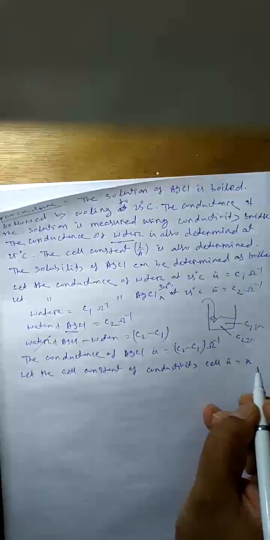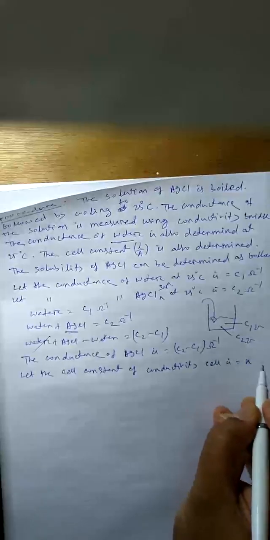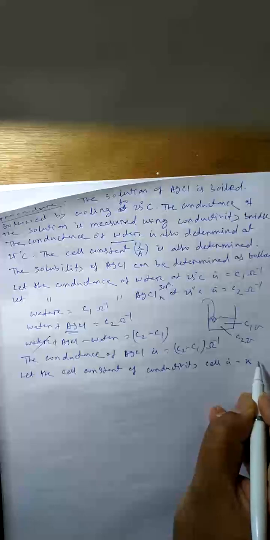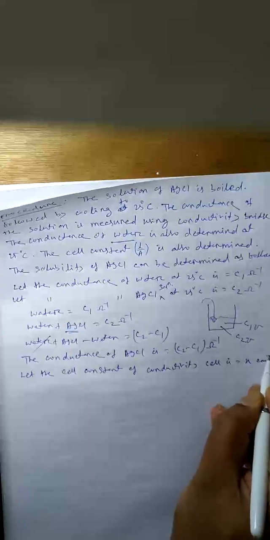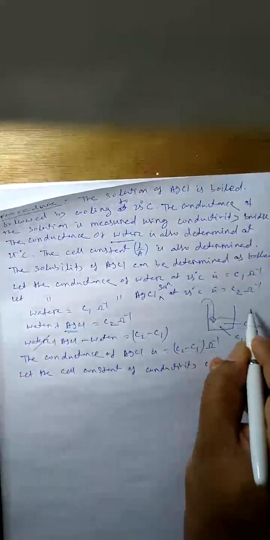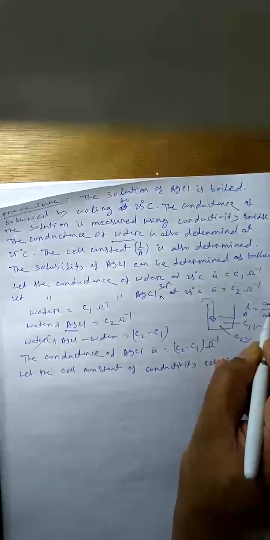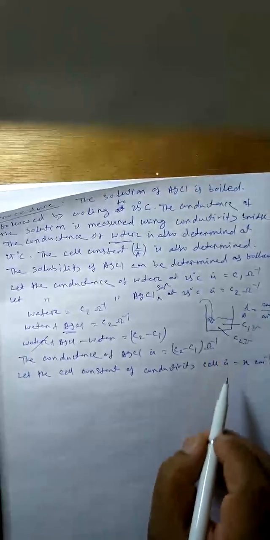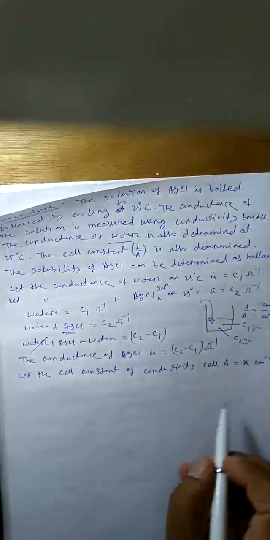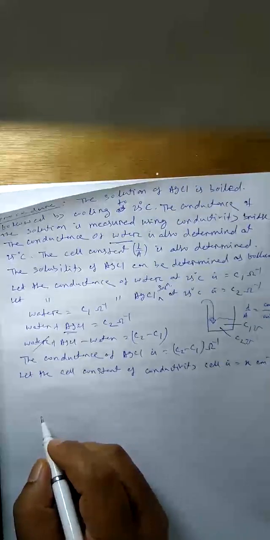X is l by A, length by area. L is in centimeter and area is in centimeter square, so we get centimeter inverse or meter inverse. So x centimeter inverse is the cell constant.